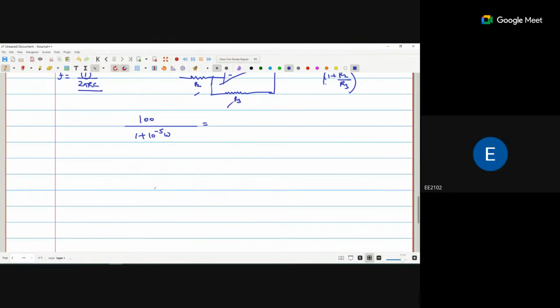I have to equate this with 100 upon root 2, not 1 upon root 2, because the maximum magnitude is 100. So my calculation is completely changed, and in that scenario the 1 upon 2 pi RC formula fails. The better way is to use V naught upon Vi and then compare with the maximum divided by root 2.